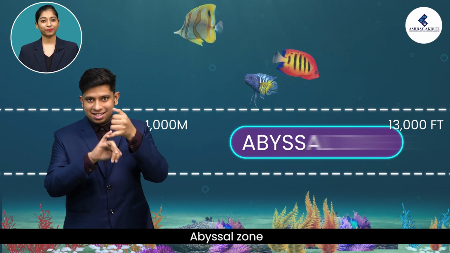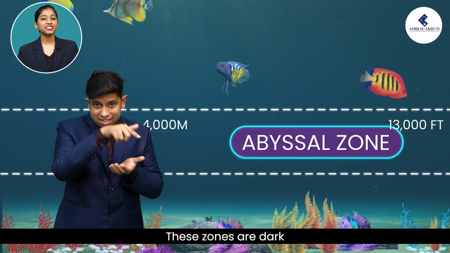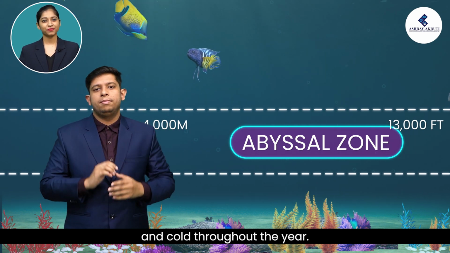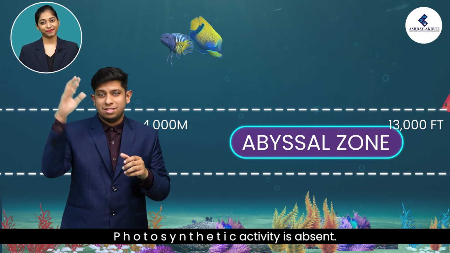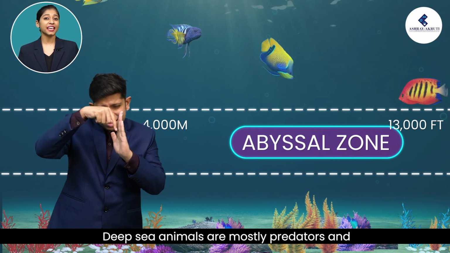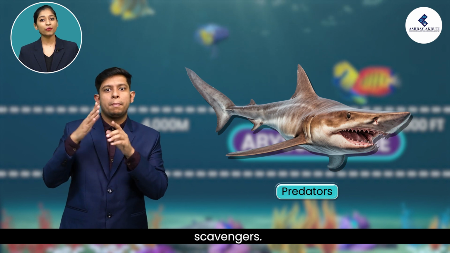Abyssal zone. These zones are dark and cold throughout the year. Photosynthetic activity is absent. Deep sea animals are mostly predators and scavengers.